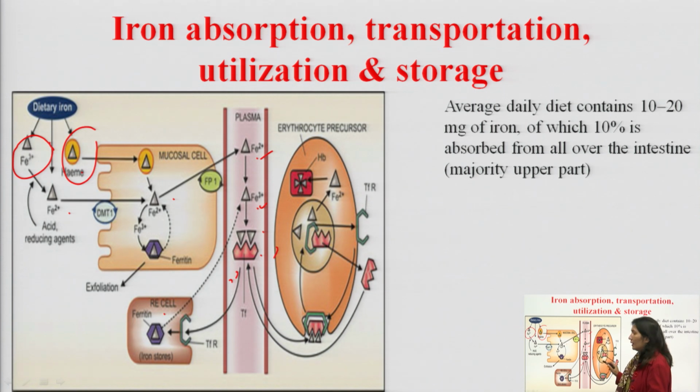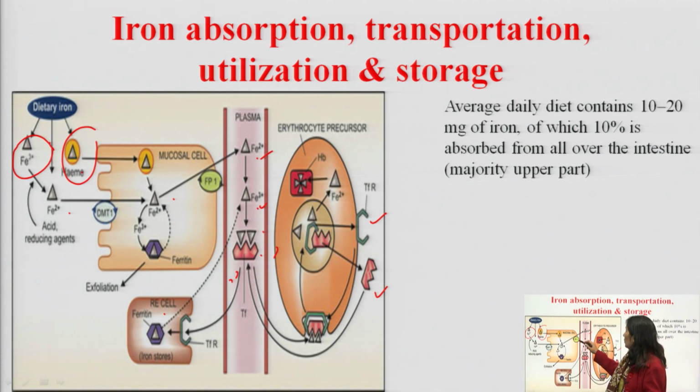Then there is endocytosis, and ferrous is released and utilized for the formation of hemoglobin. The released TFR, transferrin receptor, and transferrin come back for further iron load.